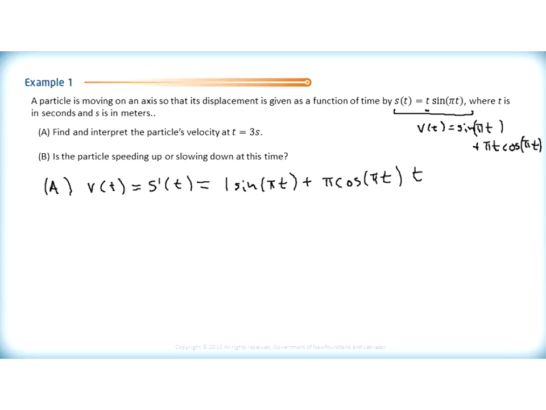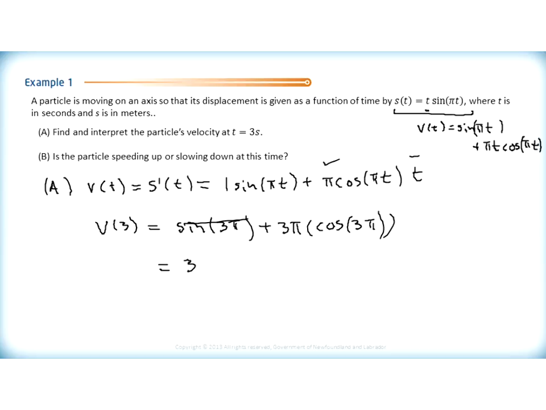Now, we want to figure out how fast this thing is moving at time equals 3 seconds. So that's going to give us sine of 3 pi plus pi times t, which will be 3 pi, multiplied by cosine of 3 pi. All right, so what's that going to give us? Well, sine of 3 pi is equal to 0, so that's gone.